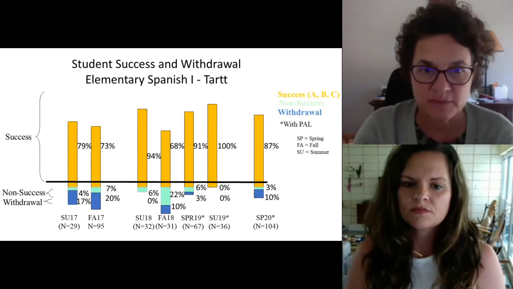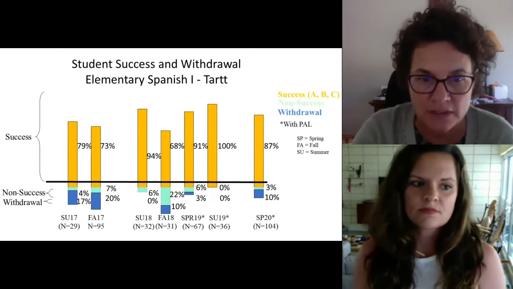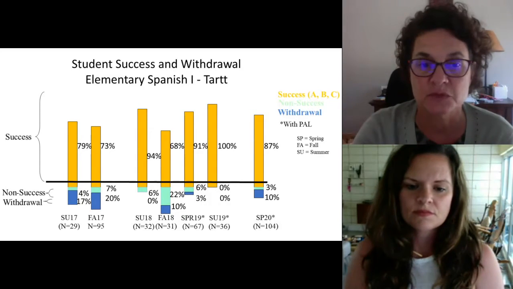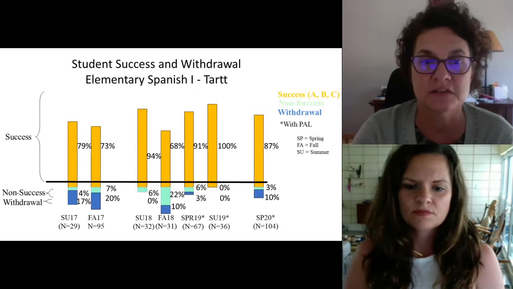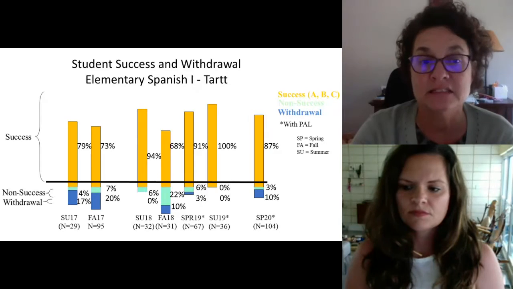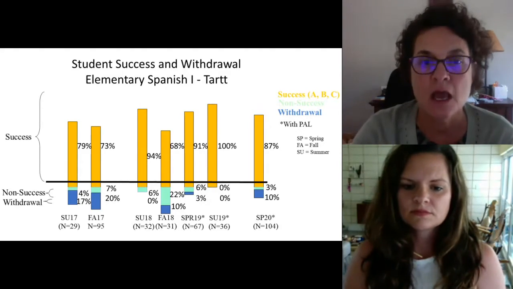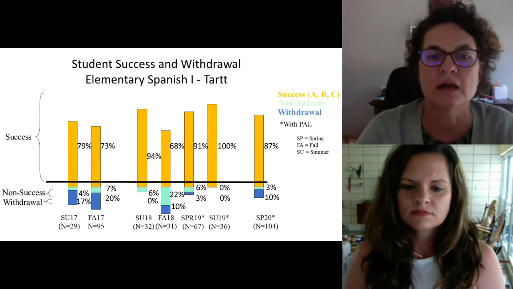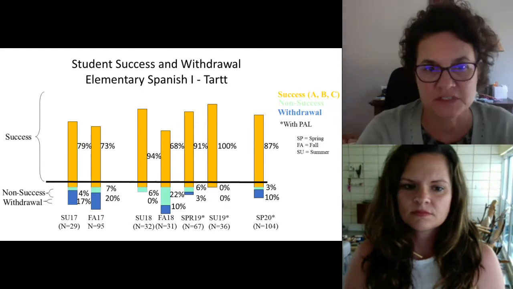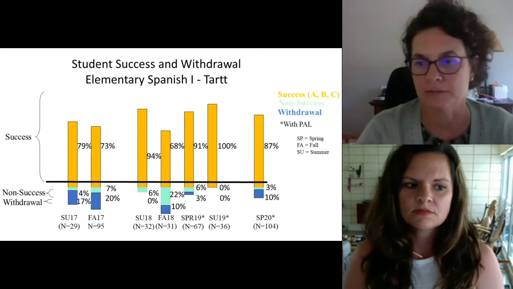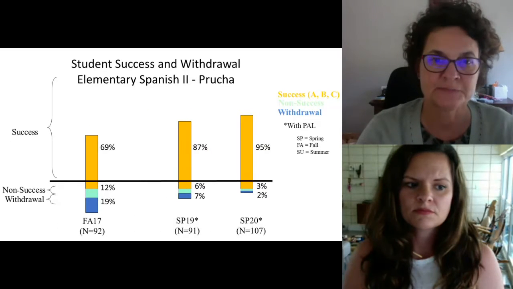In Kacie's Spanish 1 classes, if you look where the asterisks are in spring 19, summer 19, and spring 20 versus these 4 semesters, the student success rates, in this case, 91%, that's 3 points lower than summer 18, but it's pretty much on a par. However, 100% and 87% are definitely higher than the pre-adaptive learning numbers, except for this 94. So we consider that to be a success.